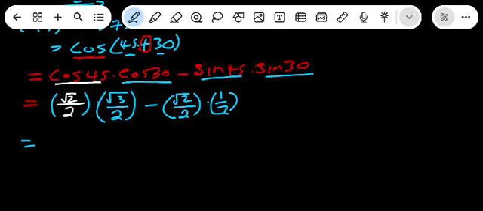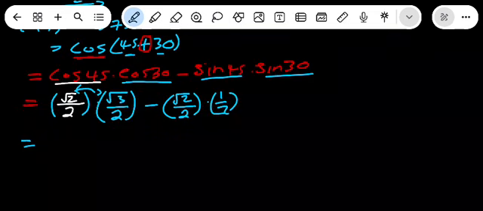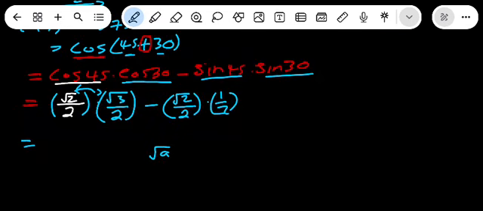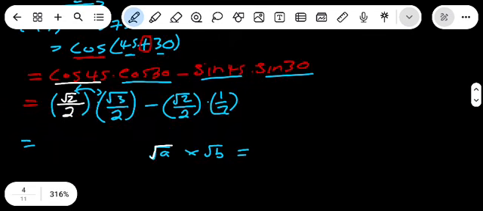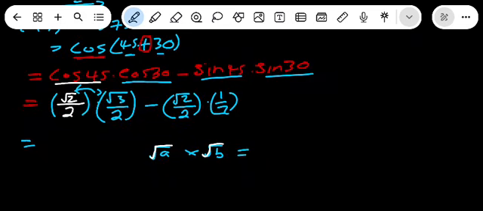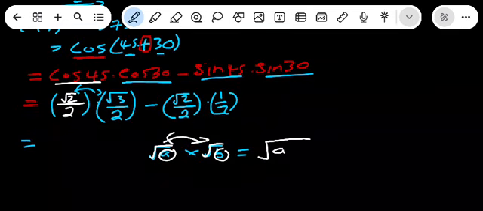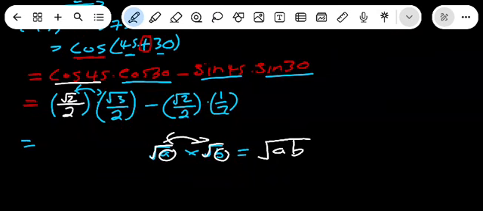Mathematically, if you multiply the square root of A by the square root of B, the law says you multiply what is inside. Because both of them have the square root, you simply take a big square root, then multiply what is inside, A multiplied by B, using the sets law.